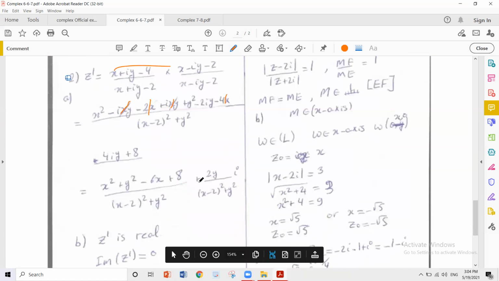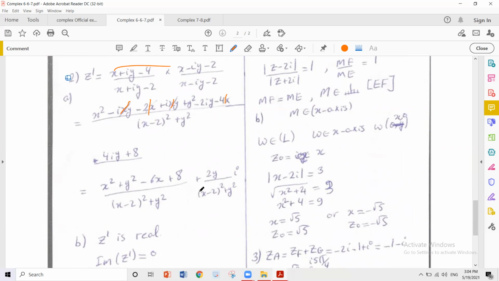This is the real part. The imaginary part: minus 2iy plus 4iy, 2y over x minus 2 squared plus y squared. So this one is x prime and the second one is y prime. This is what's meant by express x prime and y prime in terms of x and y.